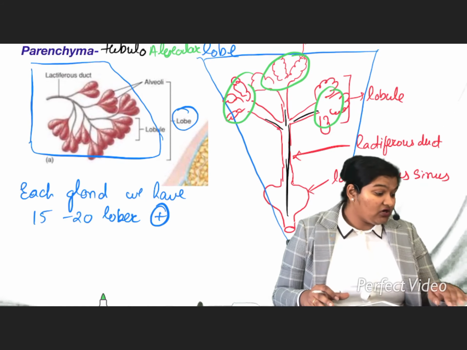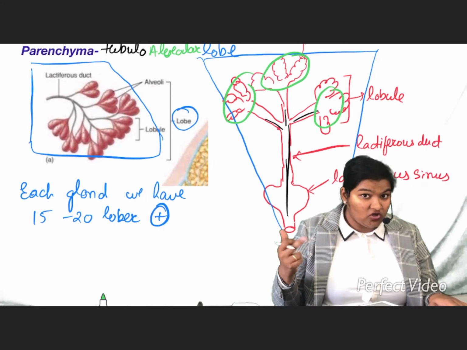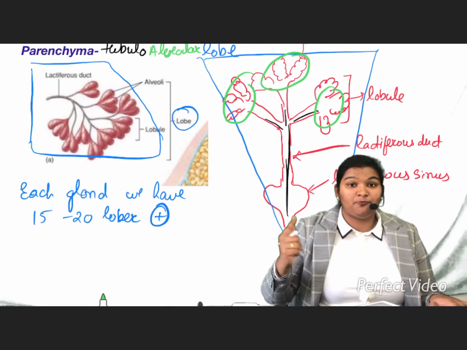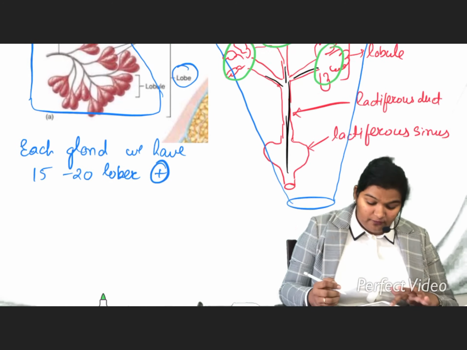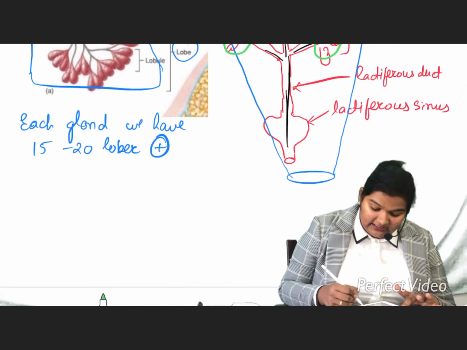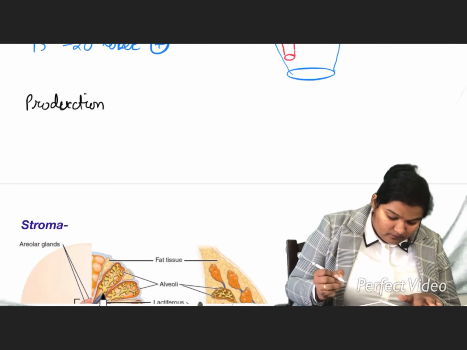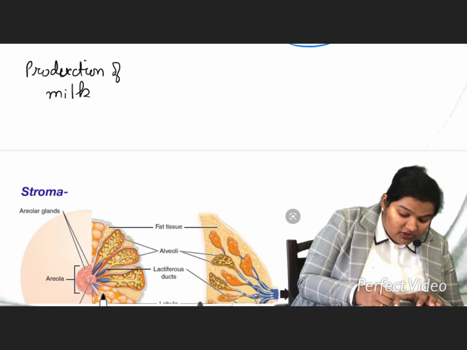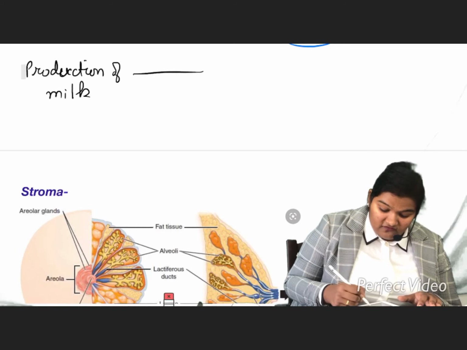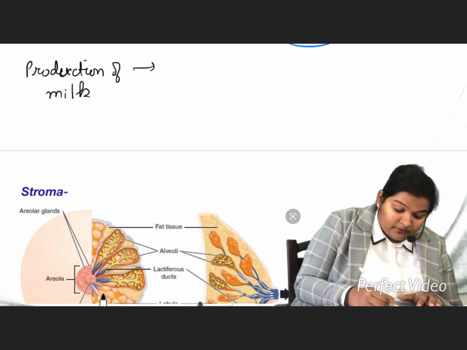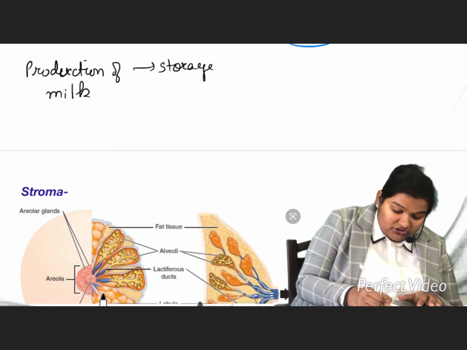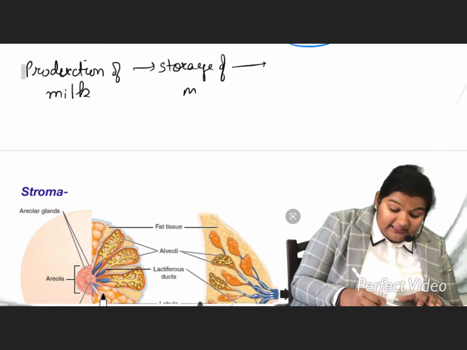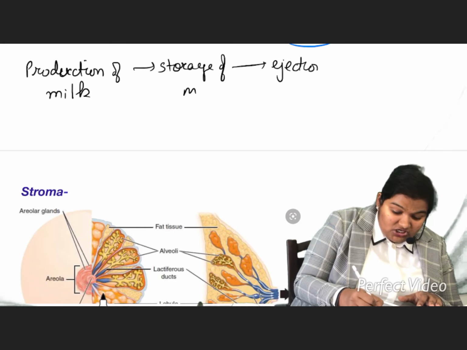So what are the hormones which act on the alveoli to secrete milk? It's prolactin. So under the action of prolactin, see here is production of milk, and then we have the storage of milk, right? And then we have the ejection of milk.